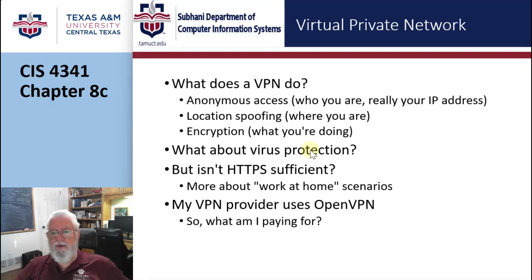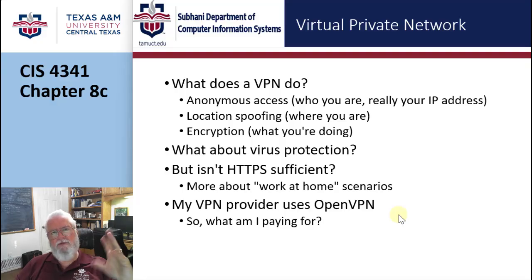Okay. And so most VPNs, the ones you pay for, like I keep saying NordVPN, but there's a gazillion others, use a thing called OpenVPN, which is free and open software. And you think, wait a minute, what am I paying for? Well, what you're paying for is the server at the other end.